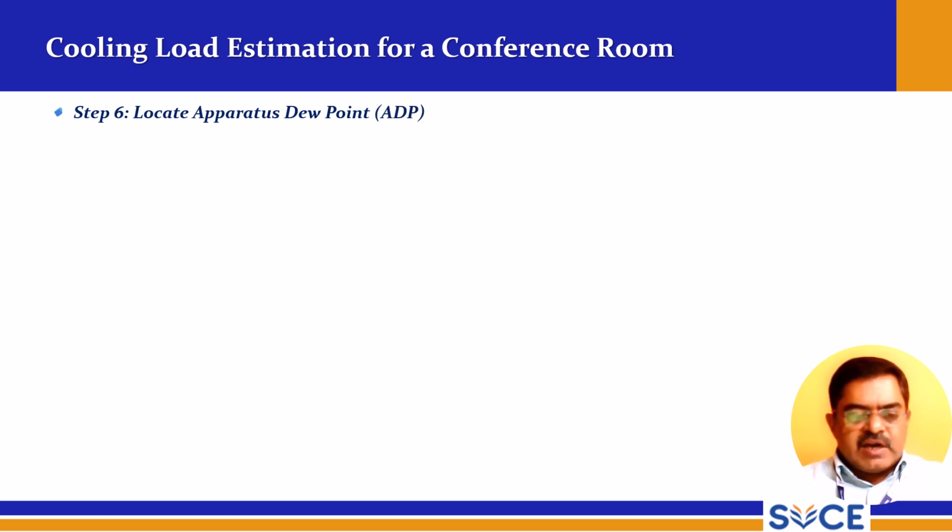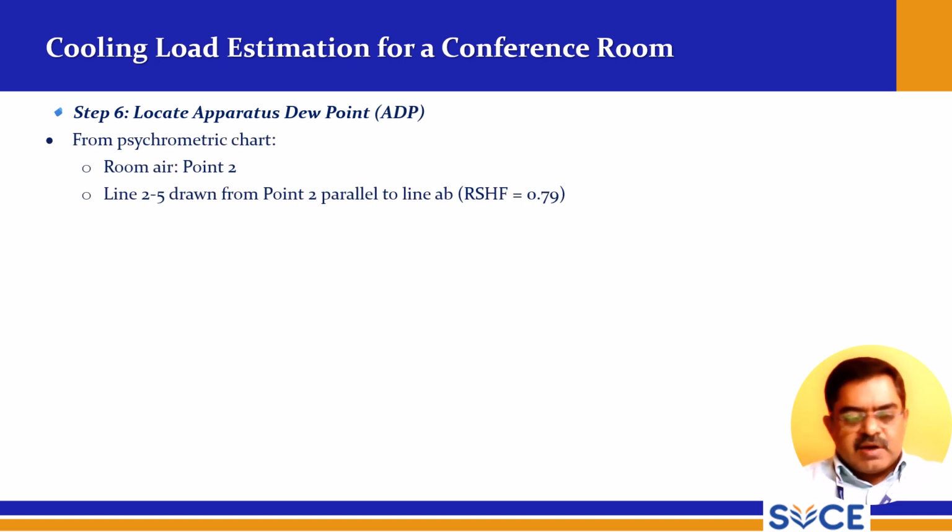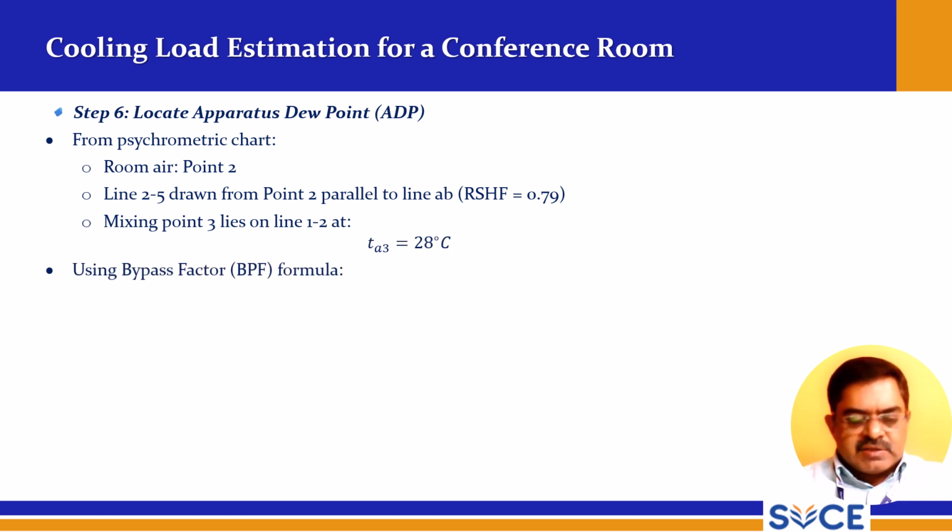So ADP can be calculated from the psychrometric chart. Room air at point 2, line 2 to 5 is drawn from point 2 parallel to the RSHF line of 0.79, and mixing point 3 lies on line 1 to 2 at TA3 equal to 28 degrees Celsius.